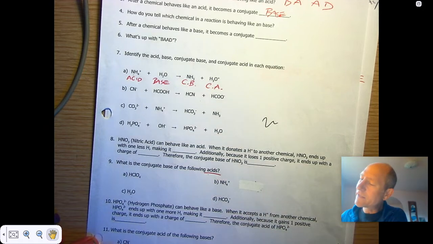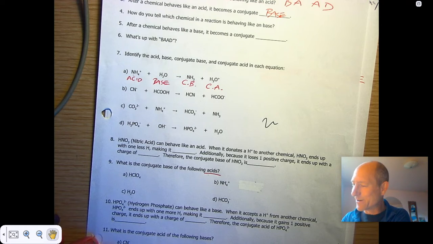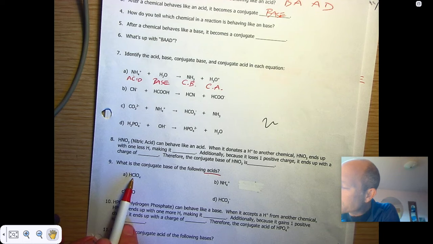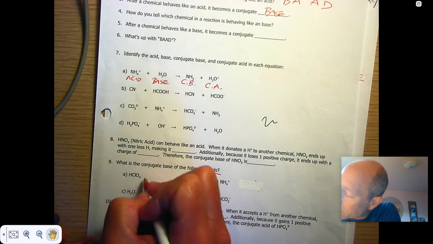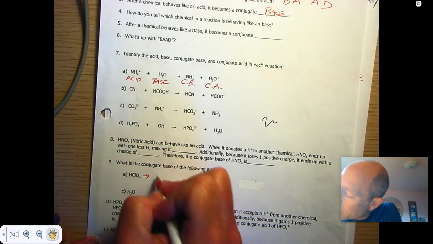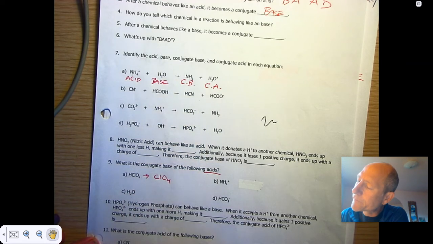So it's telling us that they're acids, which is nice. What do acids do? I don't remember. Oh yeah, I remember. Acids donate protons. So in order to make this into a conjugate base, I need to take away 1 hydrogen and I need to take away 1 positive charge. So if I take away a hydrogen, this thing becomes ClO4.